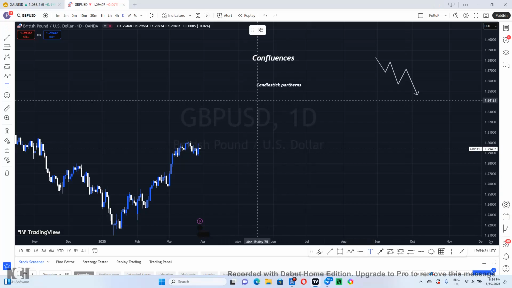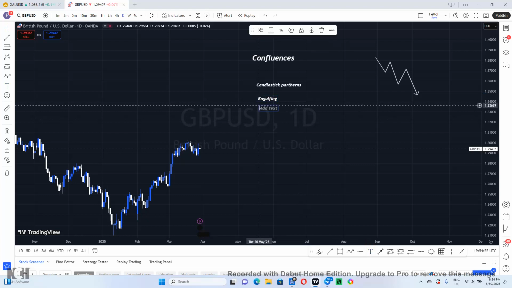I use morning star and evening star patterns.